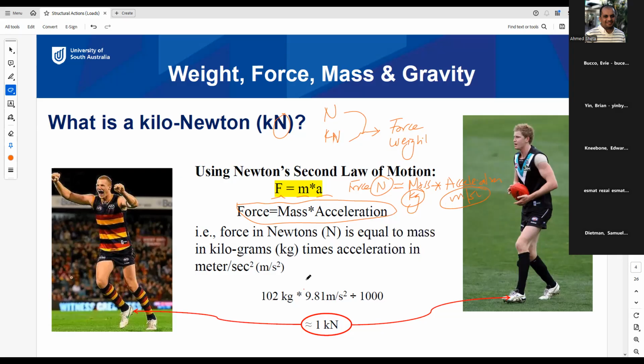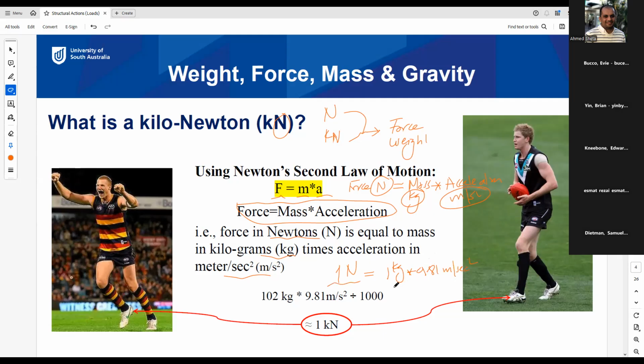So if we have the force in Newton equal to the mass in kilogram times acceleration, this means that 1 Newton as a unit equals 1 kilogram times the gravity acceleration, 9.81 meter per second square.